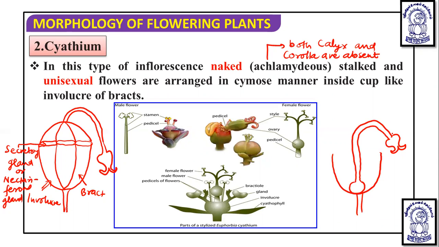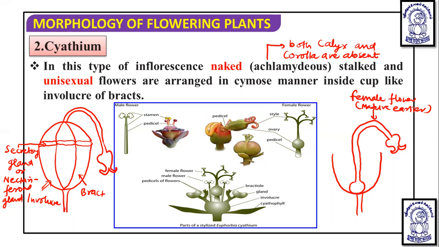And this particular flower is a female flower, which is just represented by a carpel that matures earlier, and due to the growth of the pedicel, this single flower comes out of the cup-shaped structure.